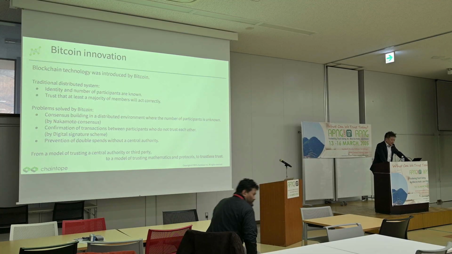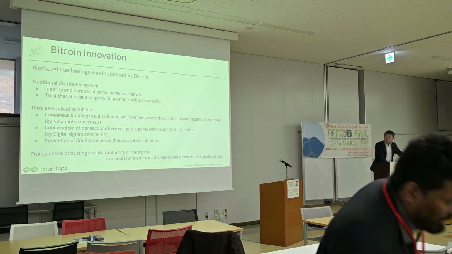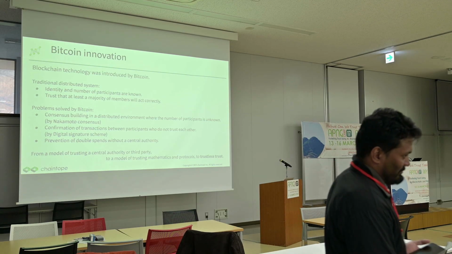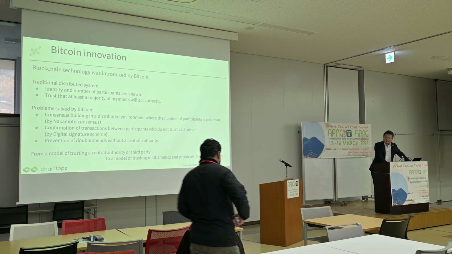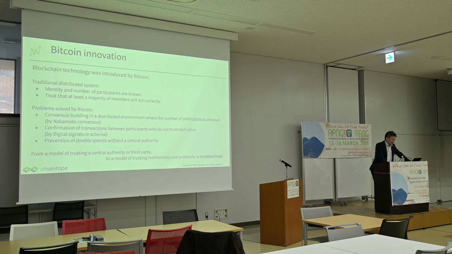This is achieved by Nakamoto consensus, which includes proof of work. Confirmation of transactions between participants who do not trust each other is achieved by a digital signature scheme like ECDSA, along with prevention of double spending without a central authority.